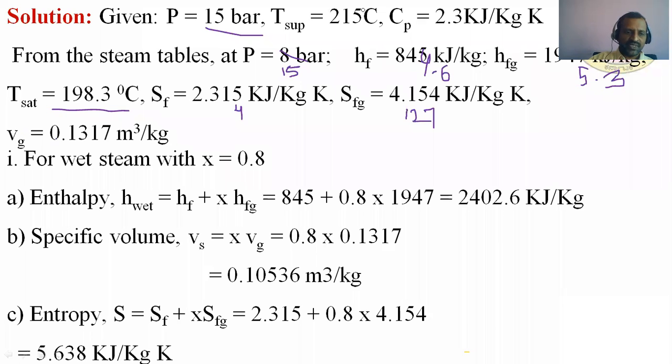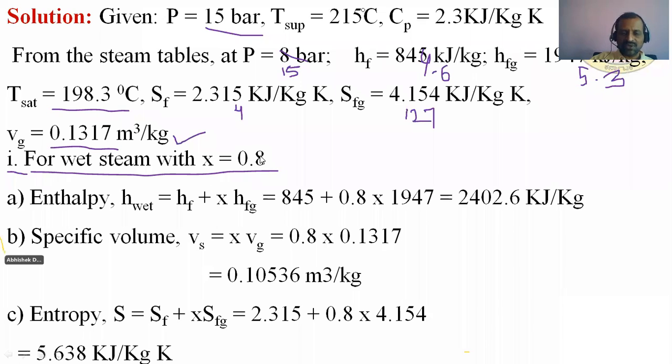Then VG is 0.1317. You can round it off, it is okay. This is correct, it is 0.1317. So for the first case, it is wet steam with a dryness fraction of 0.8.